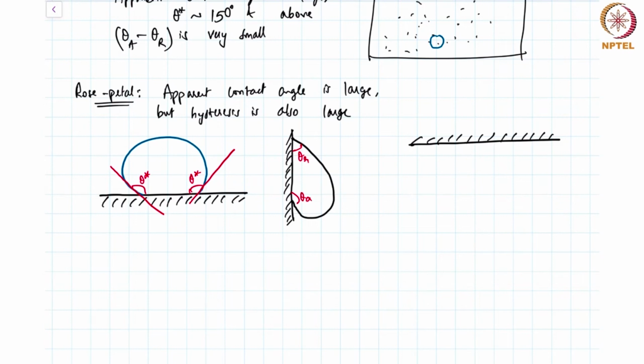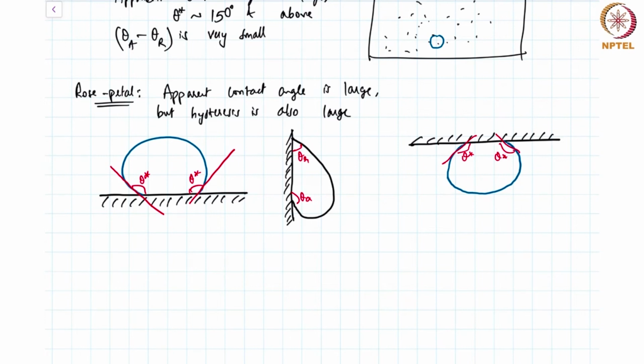And you can again come back and look at the rose petal in the reverse way. If you take a rose petal which is hanging down, you have the same issue. You have a situation where the apparent contact angle theta star is very large and the droplet will just not fall down. So this is a case where the apparent contact angle is large and the hysteresis is also very large.